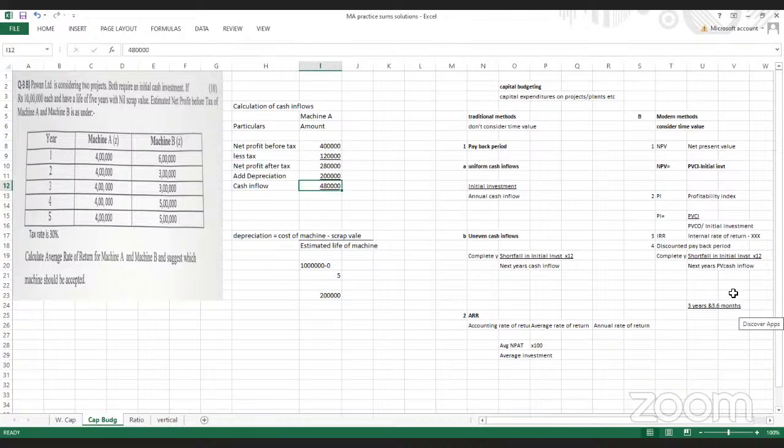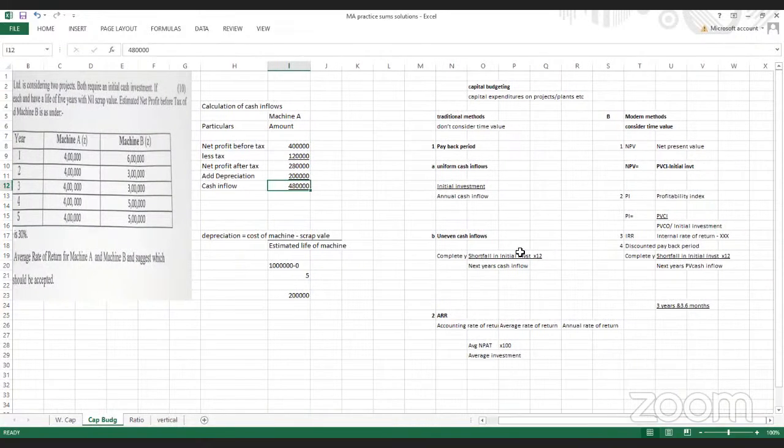So step 1 is to calculate cash inflows for different machines. If 2 machines are given or 3 are given, first find cash inflow for each machine. Now I'll explain these methods and solve them one by one. As I told you, in capital budgeting we have 2 methods: one is traditional, second is modern. These are broad categories.